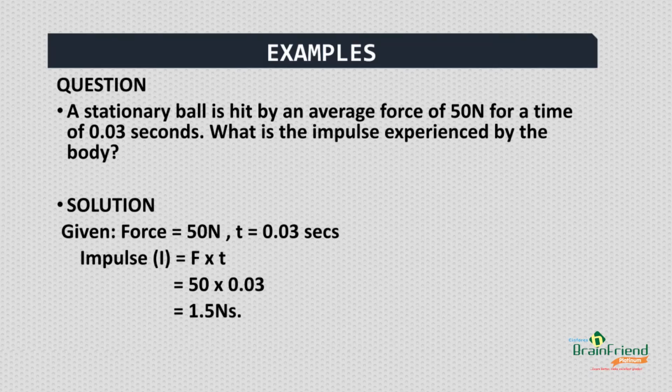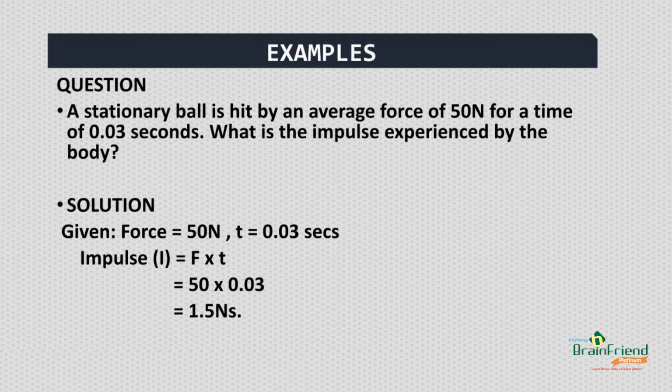Now, having discussed extensively these three laws, let's look at some mathematical examples. Example 1. A stationary ball is hit by an average force of 50 Newton for a time of 0.03 seconds. What is the impulse experienced by the body? Solution.